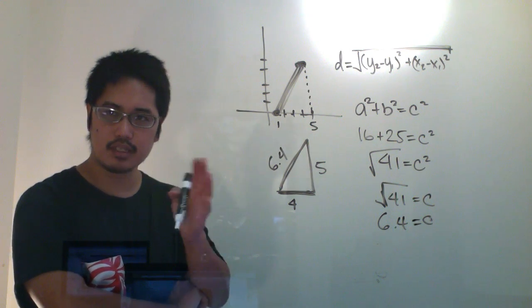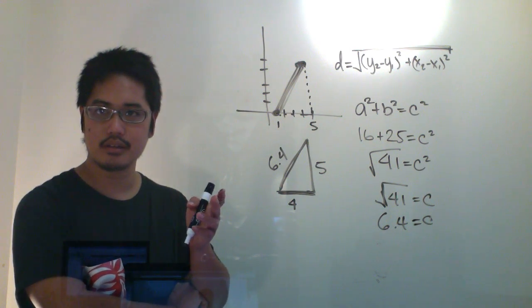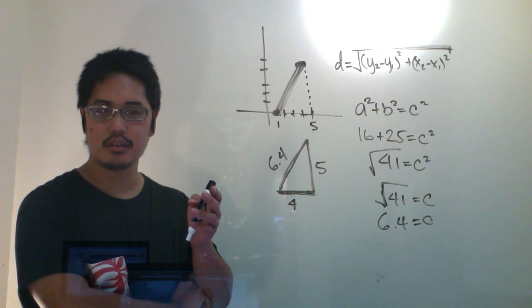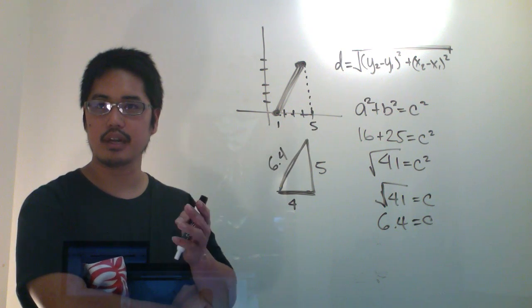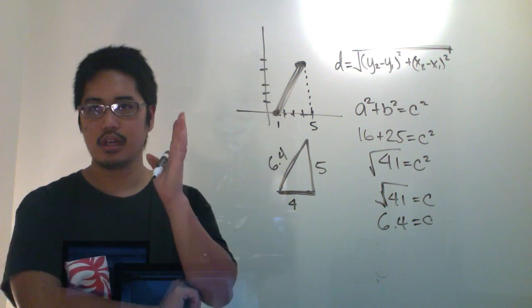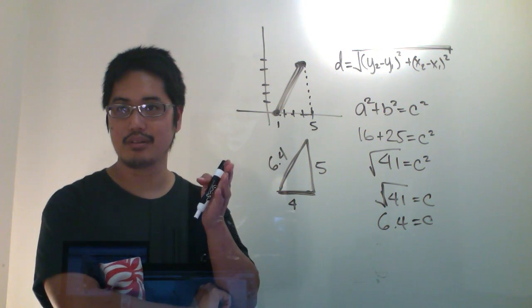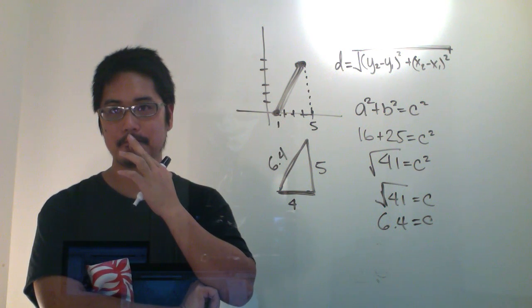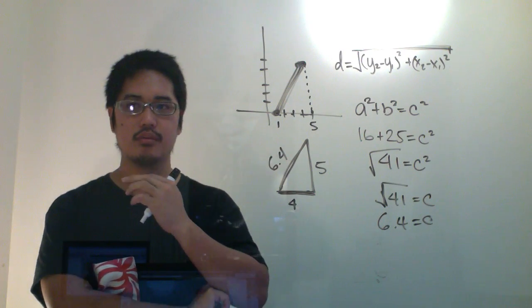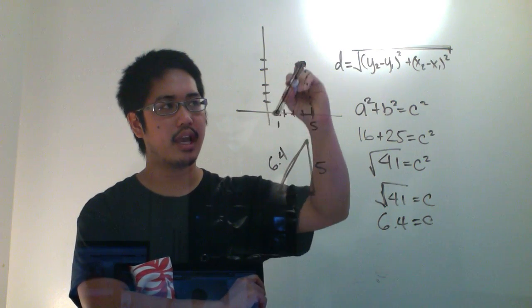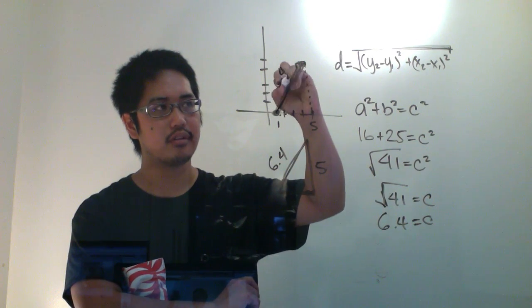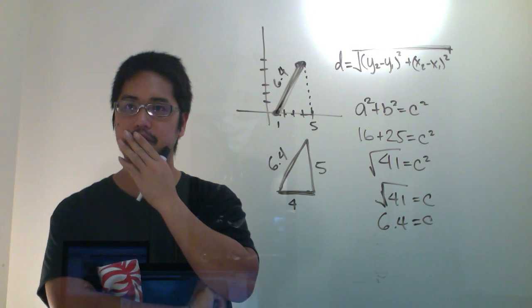How was that? That wasn't that bad, right? The Pythagorean theorem, all of that kind of stuff, and seeing the triangle, that wasn't that bad either, right? So the length of the hypotenuse is 6.4, right?